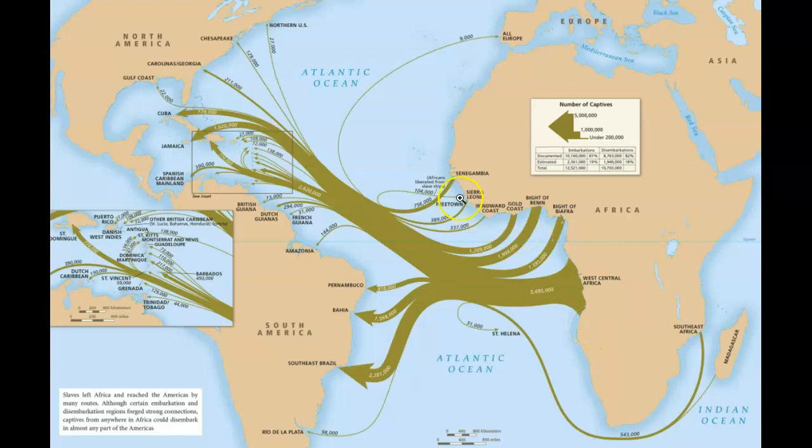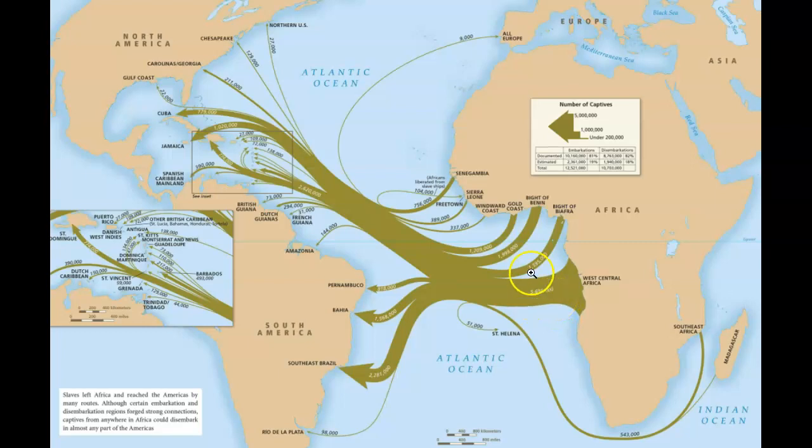The Middle Passage is all of that trade of Africans to the Americas, South America, Caribbean, and North America, out of the west side of Africa. And we see the millions of people. Out of this part of Africa alone, you have about 5.6 million people.